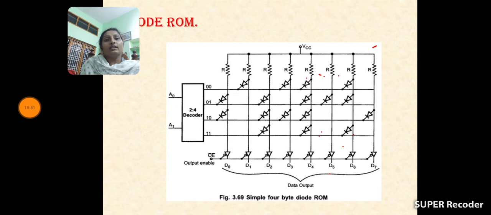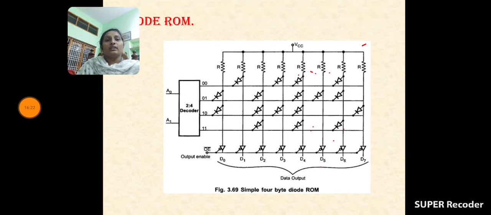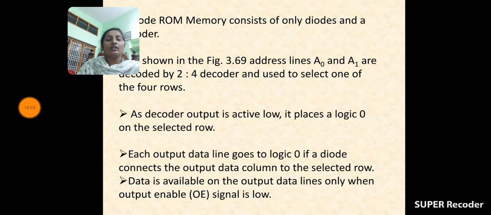If the bit is D1, only that particular bit is active, and all others are in 0 condition. Next, if it is D2, bits 0 and 1 are connected to the VCC and the remaining are not connected. Likewise for D3, D4, D5, only the wanted diodes are connected to the VCC and the remaining are connected to the ground. In this way it is used to store the 8 bits.